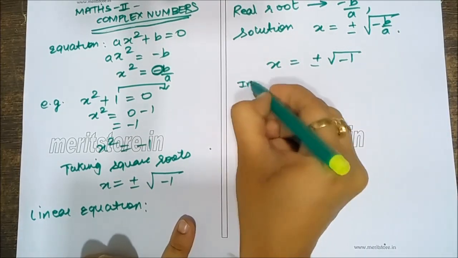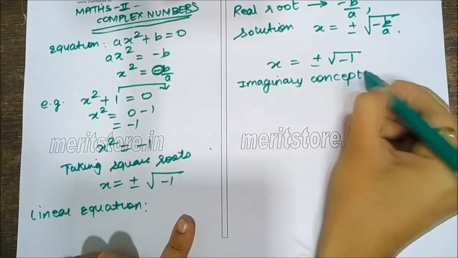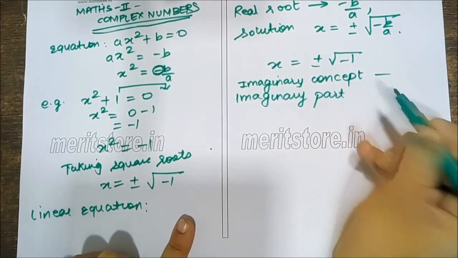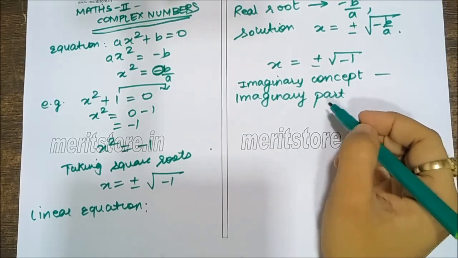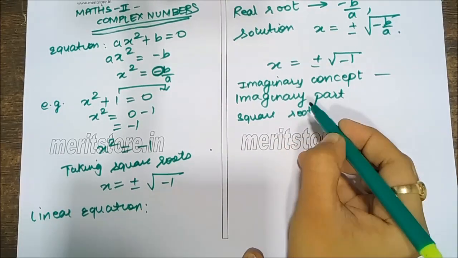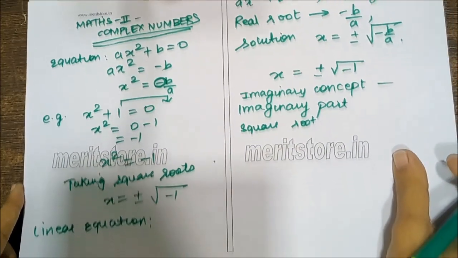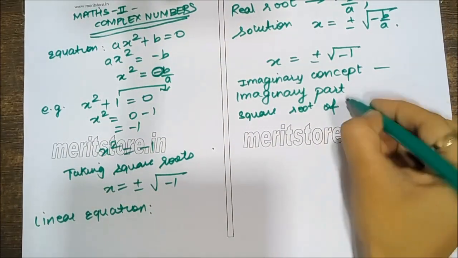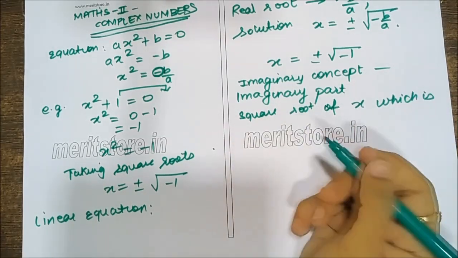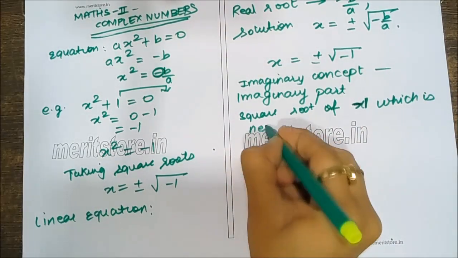So this concept was derived as imaginary concept, an imaginary part of a number which I am learning. This imaginary part was basically the square root of minus 1, which is new, completely new.